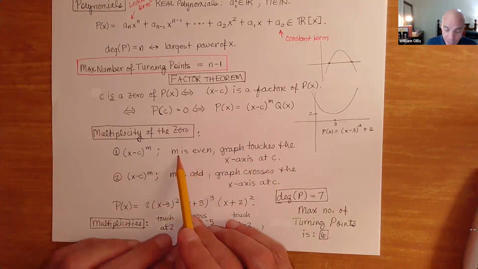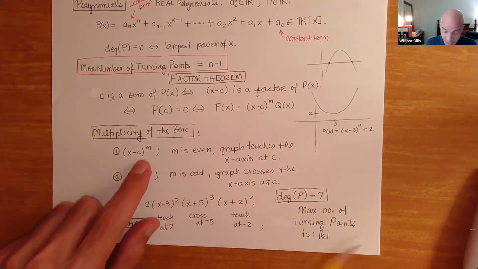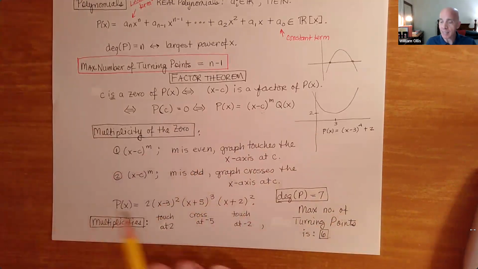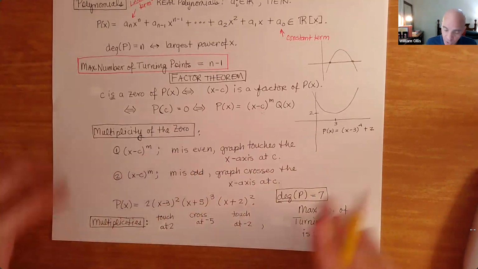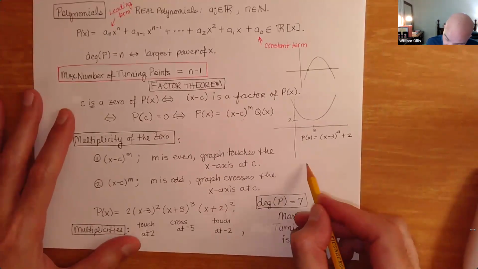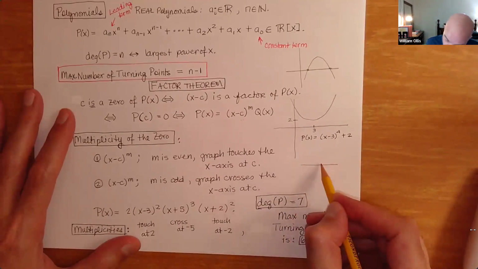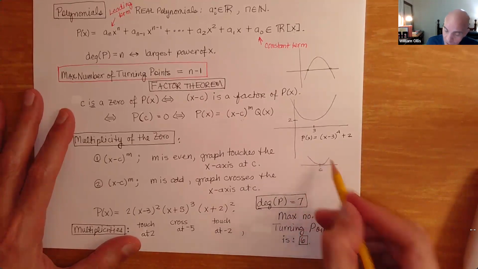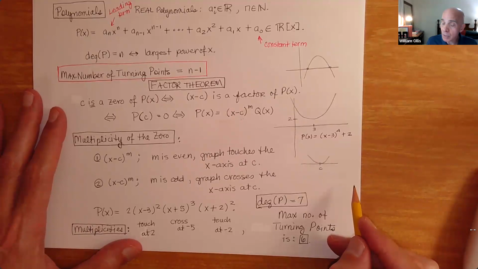If the multiplicity of the zero is an even number, then the graph will touch the x-axis. It will touch the x-axis. So we could write something like this. Say the zero is at c, and so the graph just touches. It does not cross.